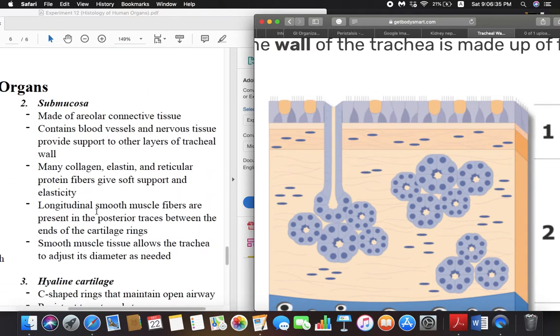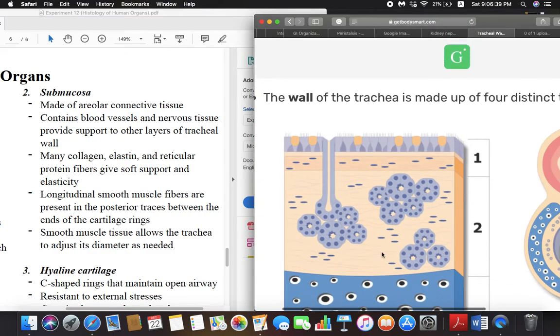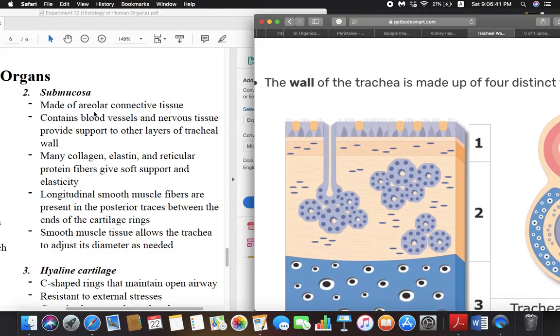The next layer is the submucosa, which is this part right here. This second layer is the submucosa. It is made up of areolar connective tissue. Another word for areolar connective tissue is loose connective tissue. It contains blood vessels and nervous tissue that provide support to other layers of the tracheal wall. Many collagen, elastin and reticular protein fibers found in the submucosa give soft support and elasticity.